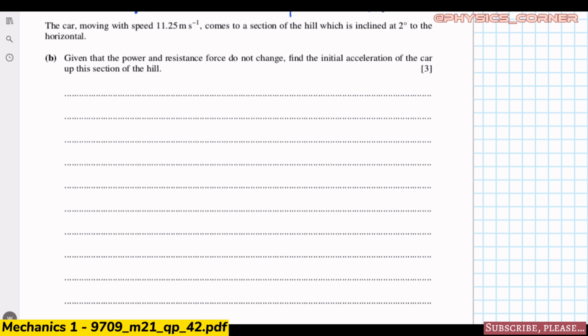Again, this is about total force equals ma.